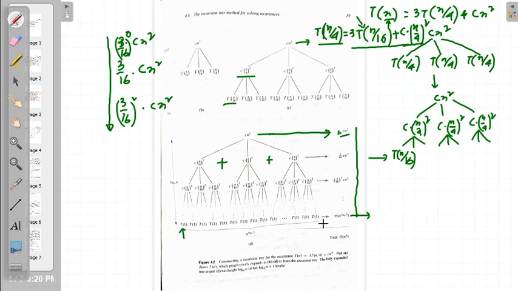Now the question is how many nodes there will be in the leaf level. At the leaf level we are sure it will be T1, and T1 gets some constant cost.